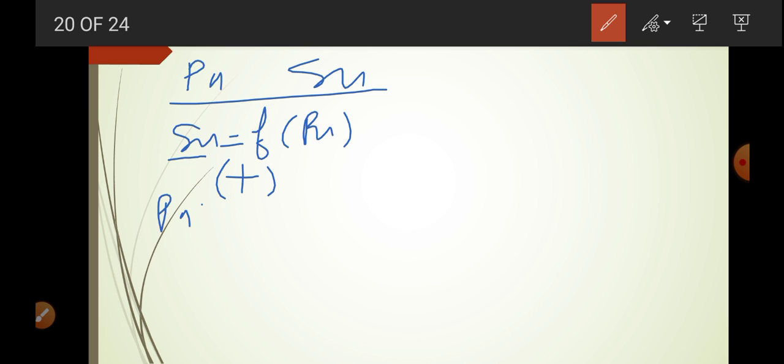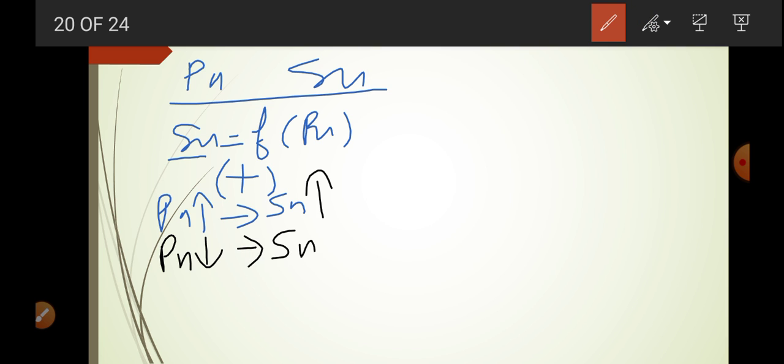If price of x is high, in return supply of x is going to be high. If price of x is low, in return supply of x is going to be low. This is the relation we find between price of x and supply of x.